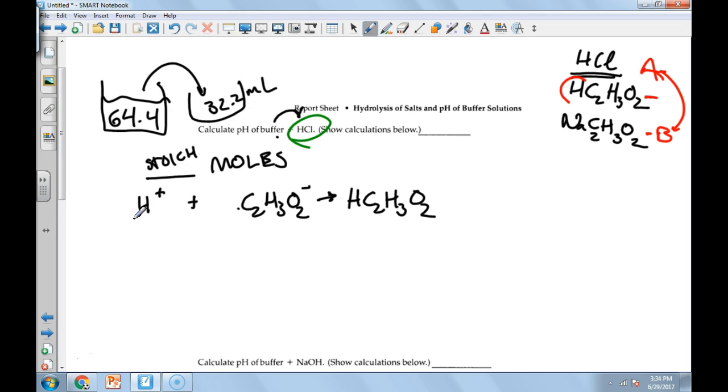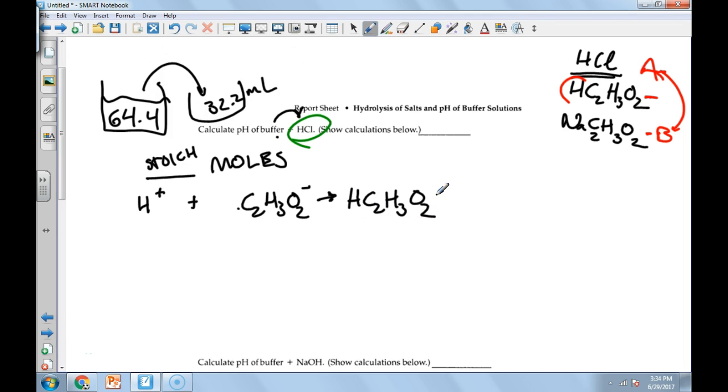So we need to figure out how many moles of H plus we added from the HCl. We need to know how many moles of sodium acetate, how many moles of acetate there were in the reaction, and how many moles of the acid there were at the beginning.